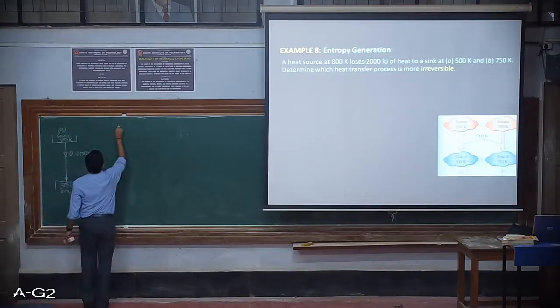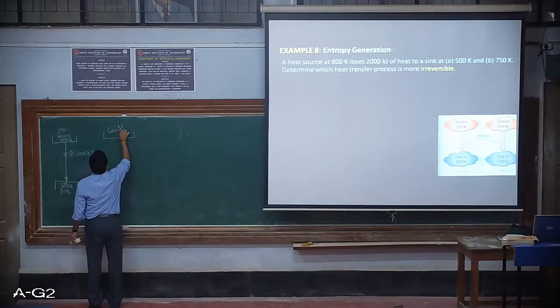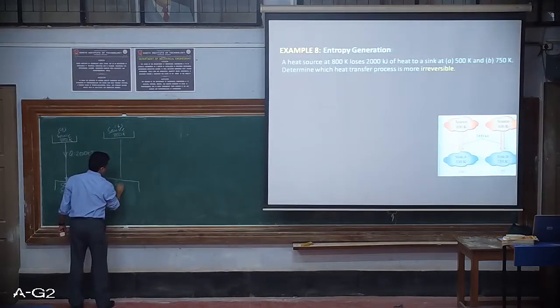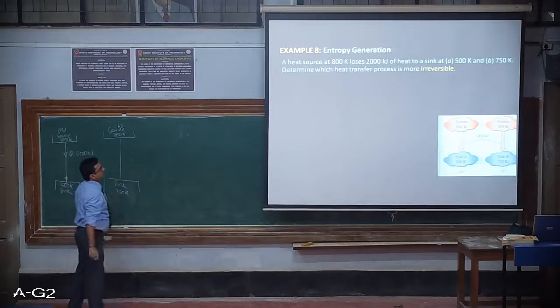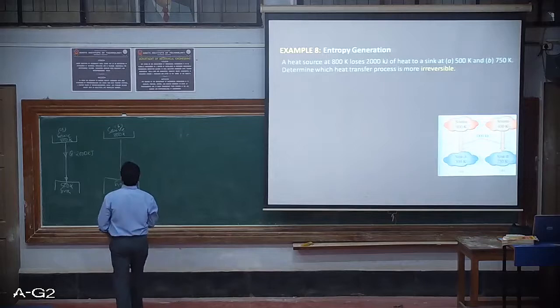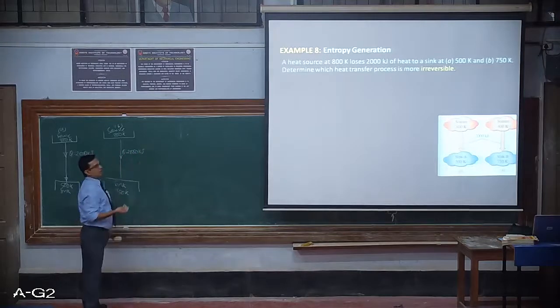And in case B, the source, which is again at 800 Kelvin, is connected to a sink maintained at 750 Kelvin, but again rejects the same amount of heat, which is 2000 kilojoule. Which is more irreversible?